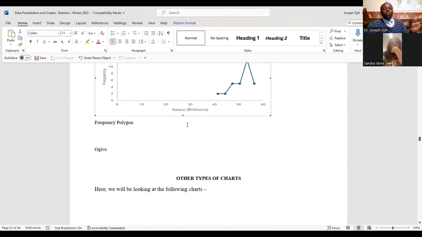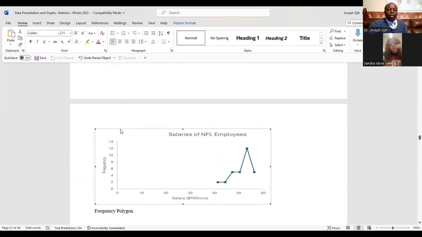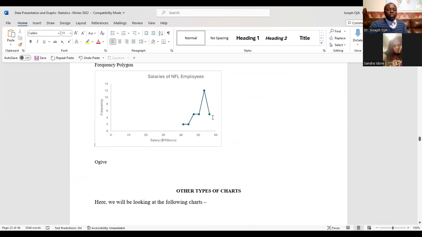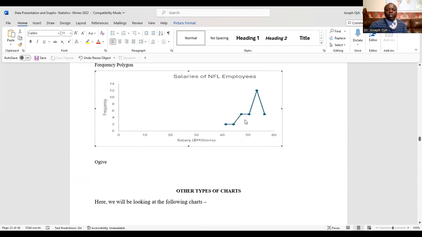Okay. With the same way, actually I pasted it, I should paste it under frequency polygon. The same way we interpret a histogram, the same way we interpret the frequency polygon. In this case, you can see that most of them, about 12 of them, made about 50.